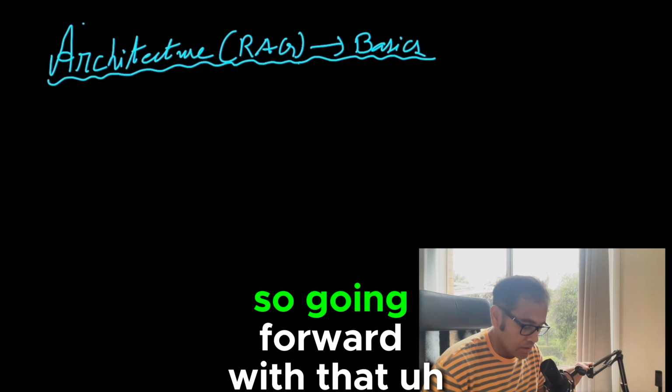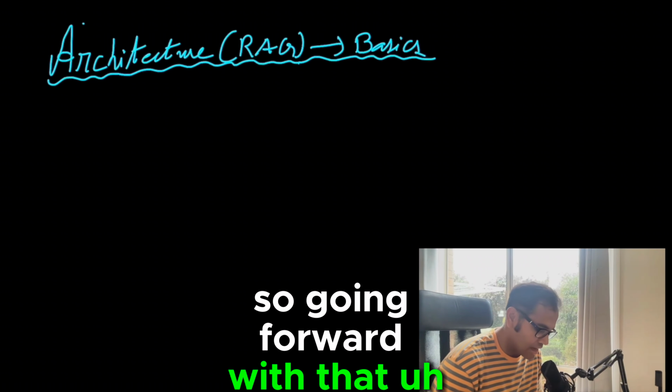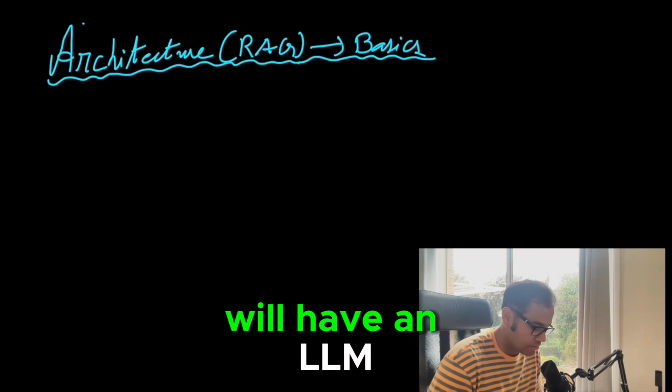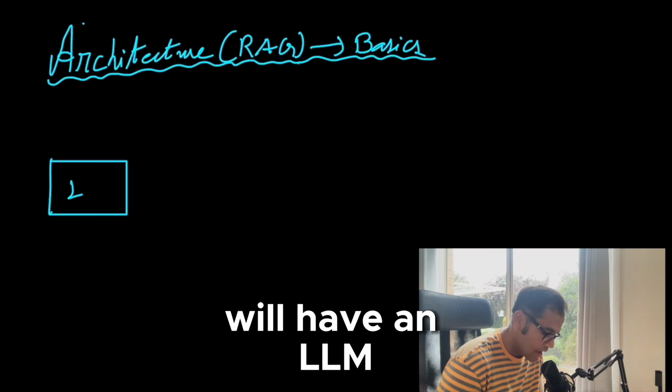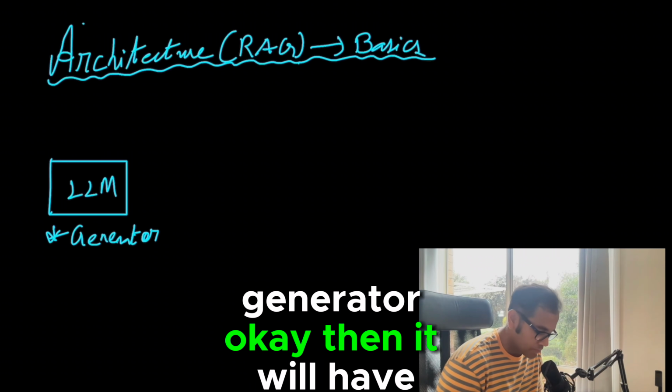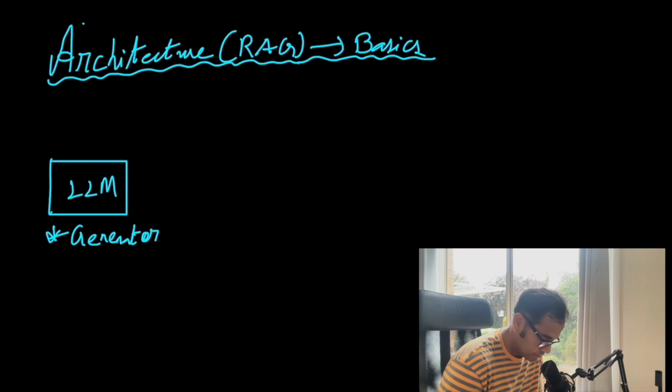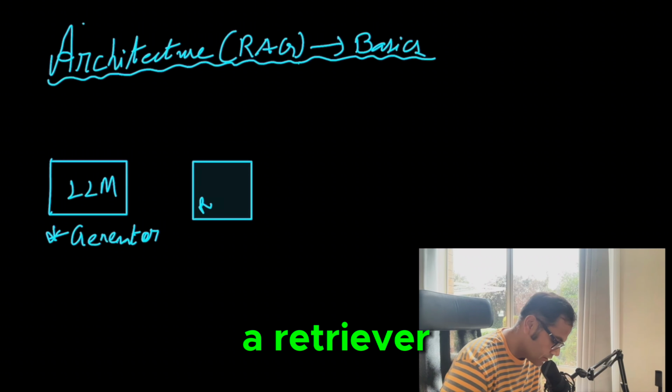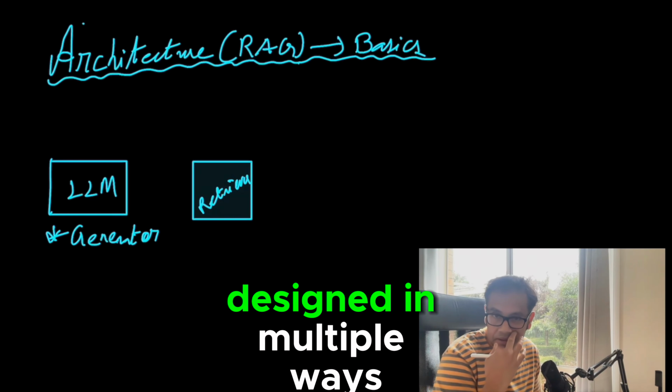So going forward, any RAG system in essence will have an LLM as the generator. Okay. Then it will have a retriever. Now, a retriever can be designed in multiple ways.